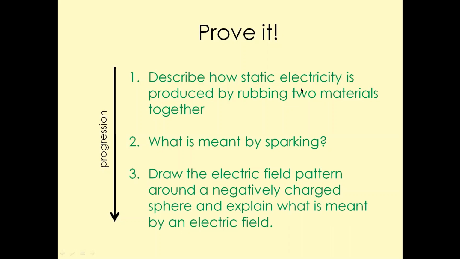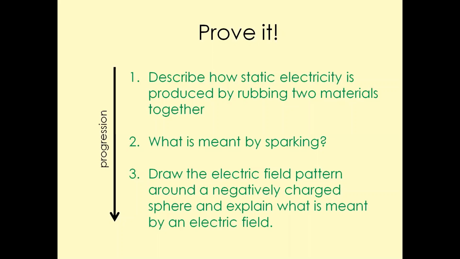So here, how static electricity is produced. When you rub two materials against each other, the electrons are transferred from one material to another. So always use the keyword friction. When you rub two or more insulators, friction will cause the electrons to transfer from one object to another.